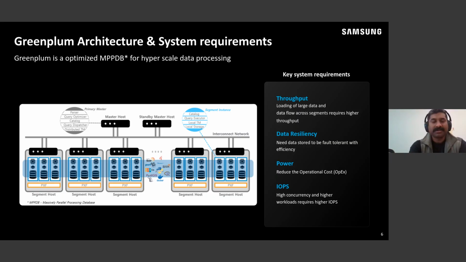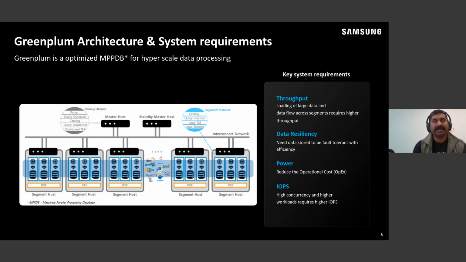What we have observed is that it starts with the data loading itself. Once you have very large data, the master host picks up that data and starts distributing it across all the hosts. And it's all a heavy data write operation. So loading is going to be really a throughput sensitive operation. We could understand that.